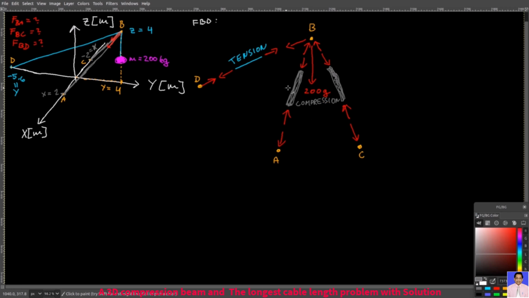Now that's the reality. But in my free body diagram, I want to have displacement vectors from B to D, from B to A, and from B to C. I want all my displacement vectors to go outwards from point B. For that, I will still have this force due to the cable that points outwards from point B, but I'm going to assume the same thing for the two beams as well.